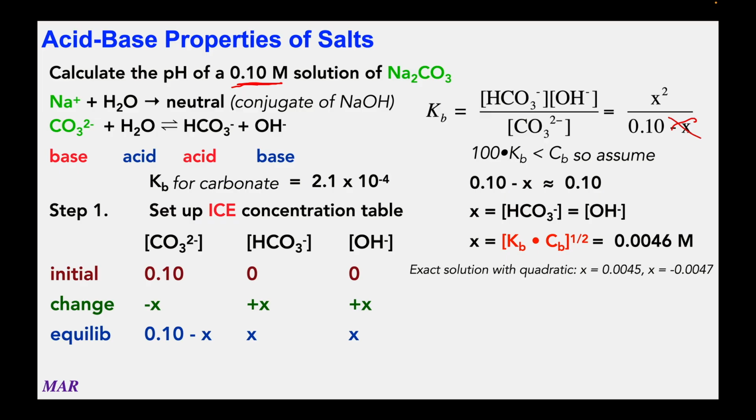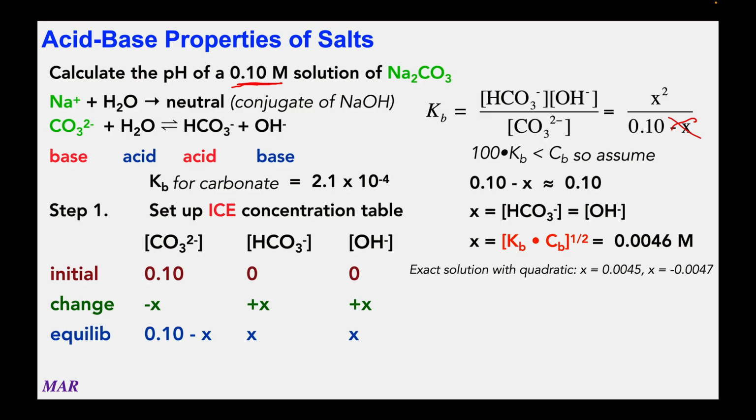Now, notice on this one, I did solve for the exact values using a quadratic formula in my calculator. And I did get positive 0.0045. So it's amazingly close to 0.0046, but obviously it's a little bit different. Now the quadratic formula does give better values.